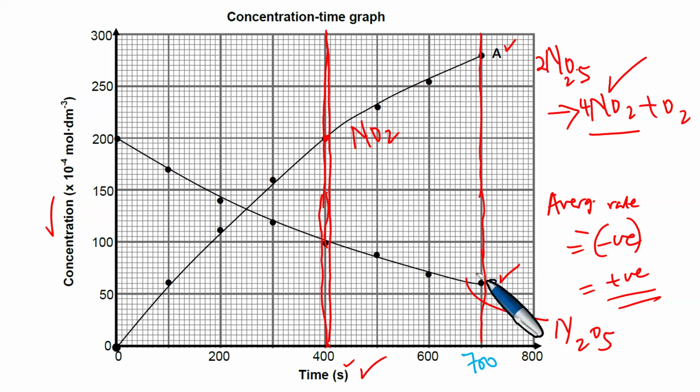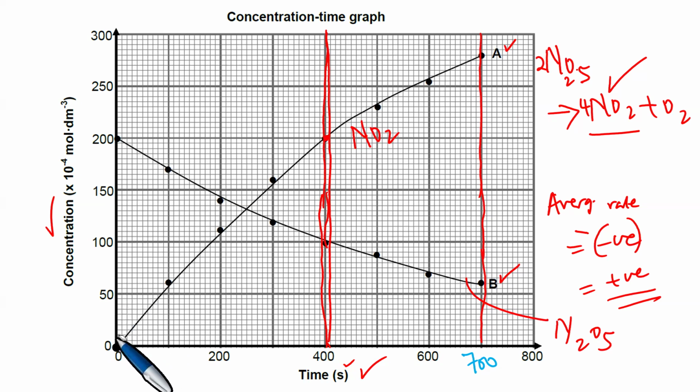And the time is 700 for graph B, but we can use any of the graphs because this is a chemical reaction, so the rates compare for the products and the reactants. Now we say, okay, this is 1, 2, 3, 4, 5, 6, 7, 8, 9, 10.